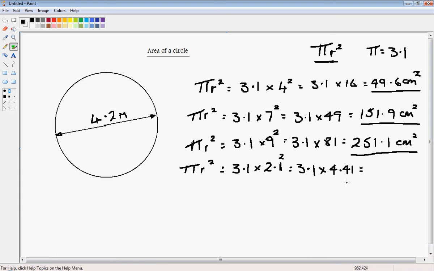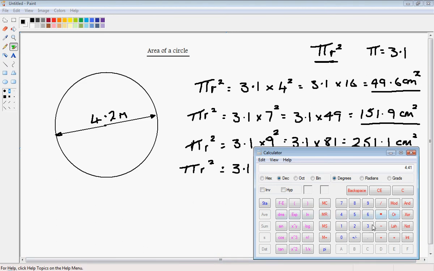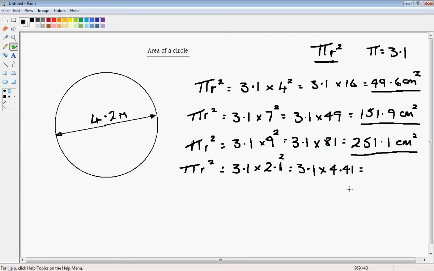Okay, so now it's just pi multiplied by 4.41. So we have 4.41, and we're now going to multiply that by 3.1, which is pi, and this gives us an answer of 13.671 meters squared.